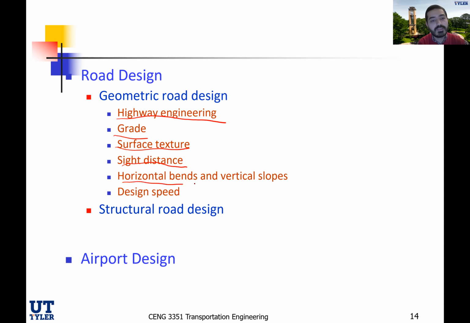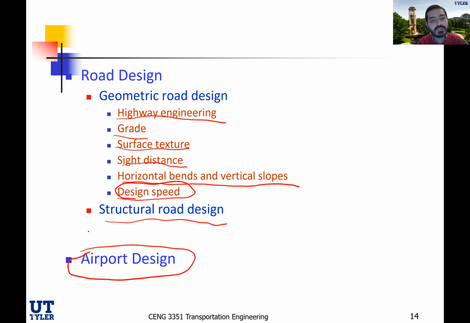You also can design horizontal bends and vertical slopes, as well as design speed, which we're going to discuss in more detail in CNG 4351, as well as structural road design. And another fun part, which many of you may not think is part of civil engineering: we are the ones who design airports.